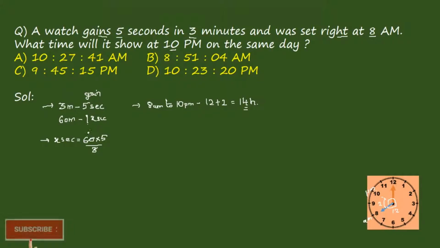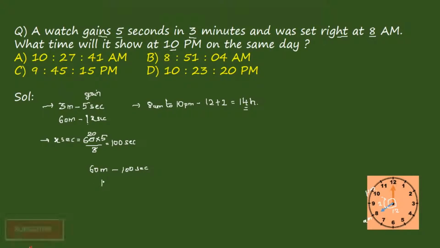Once it becomes 20, which is equal to 100 seconds, right? So for 60 minutes we get 100 seconds of increase in time.